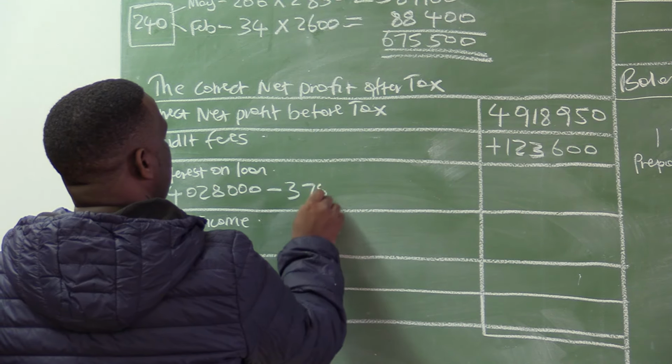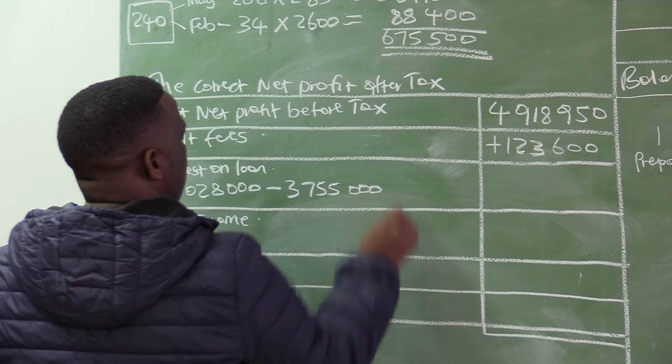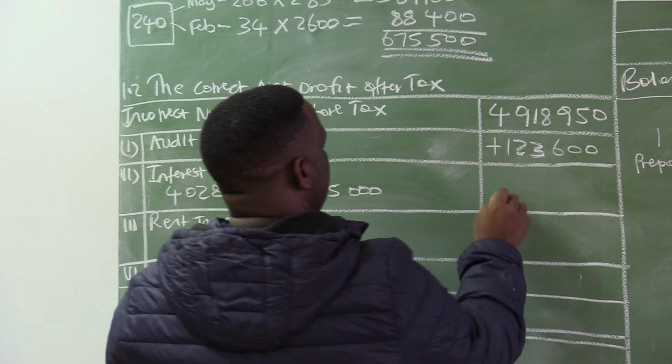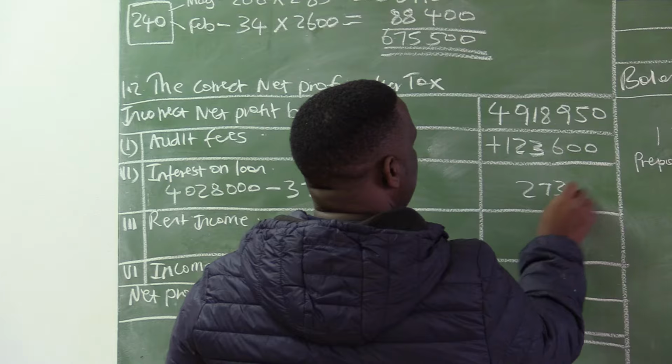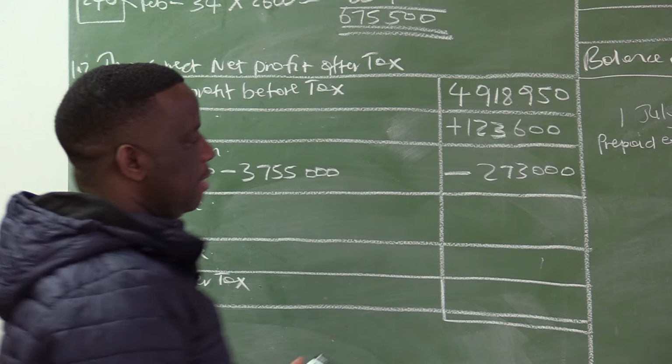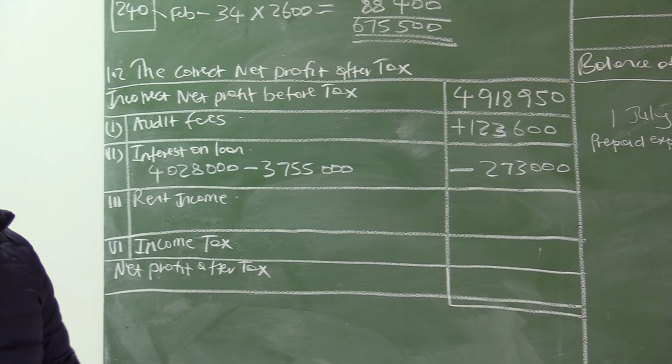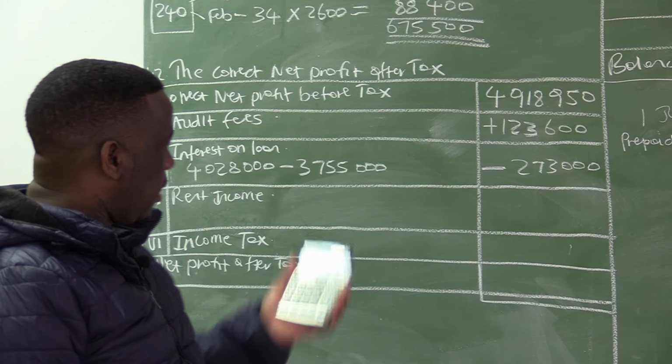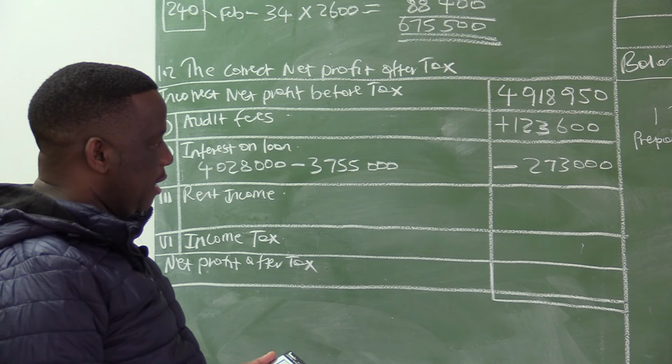And that is giving us an interest on loan of 273,000. This interest on loan is a minus, a minus 273,000, because interest has the effect of decreasing our profit.